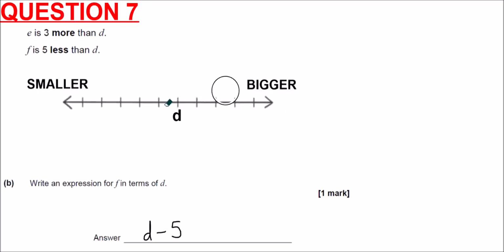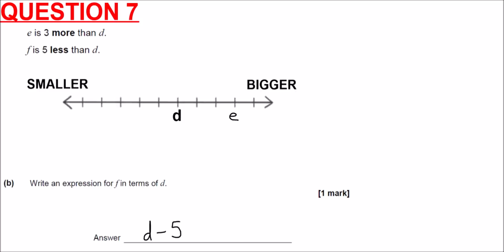Part B, we need to write an expression for F now in terms of D. So F is 5 less than D. So whatever D is, F is D take away 5. And again, in terms of a number line, which will be much more useful in a second for part C, if you imagine it like this, so we had that E was up here.